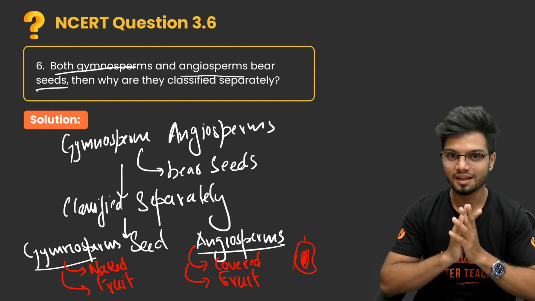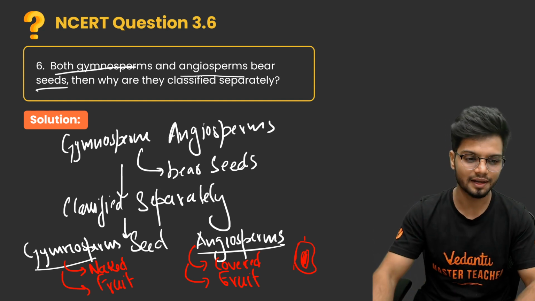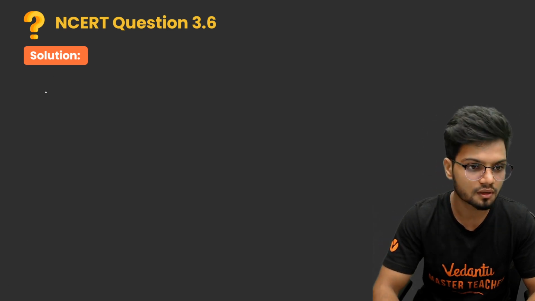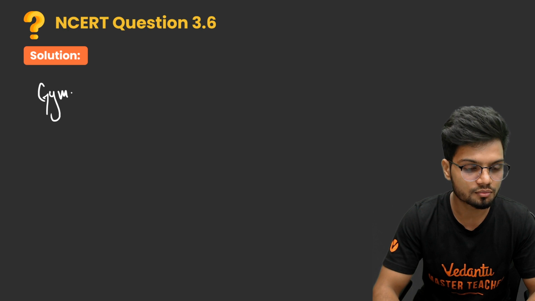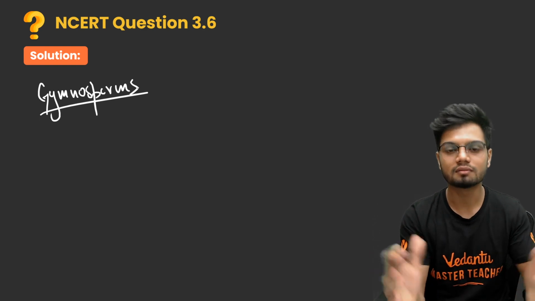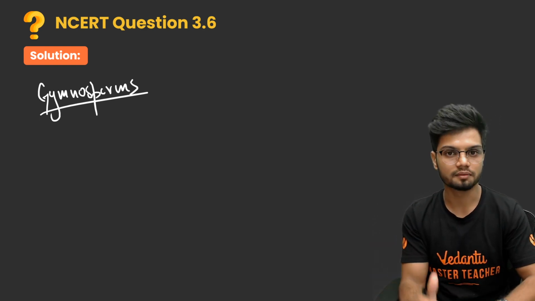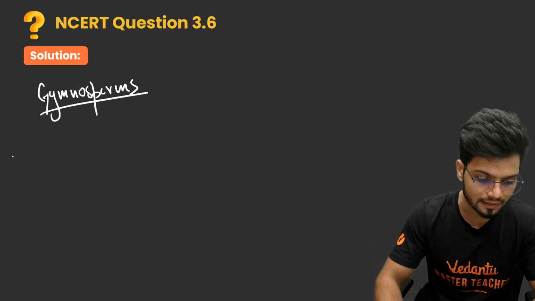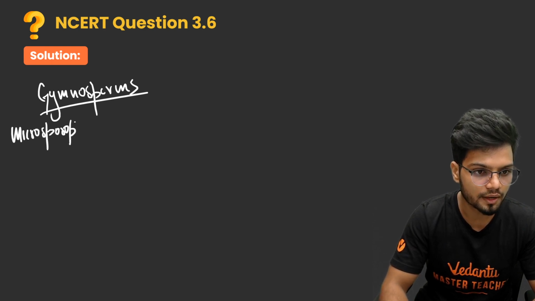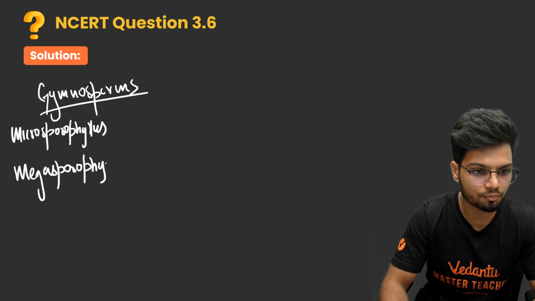Now that's just the basics. Now let's get into a little more technical detail, because in your NEET examination or the board examination, you cannot just write that the seed is naked. You need to write the technicality also. In the case of your gymnosperms, you have the microsporophylls and the megasporophylls.